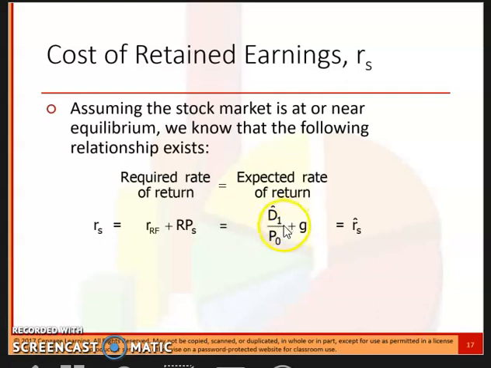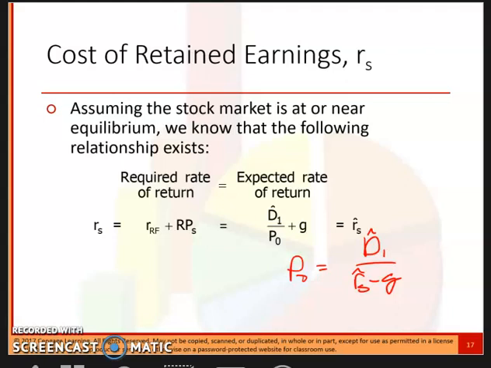This is basically the constant growth model that we covered in Chapter 7, just rearranged. If you rearrange this, you come up with the formula P0 is equal to D1 divided by R minus G. So this is R sub S here.